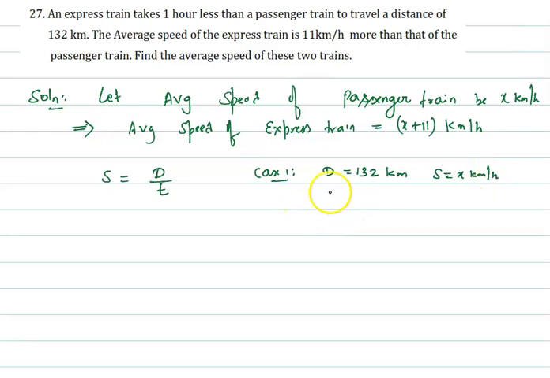Time I don't know, so I need to find out time 1. So time is equal to distance by speed, that is 132 km divided by x, where x means the passenger train.